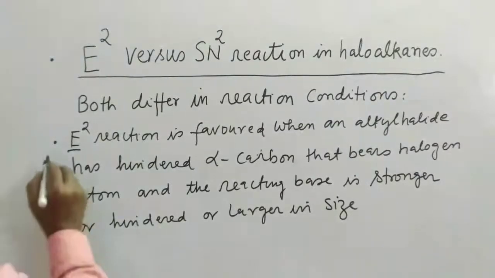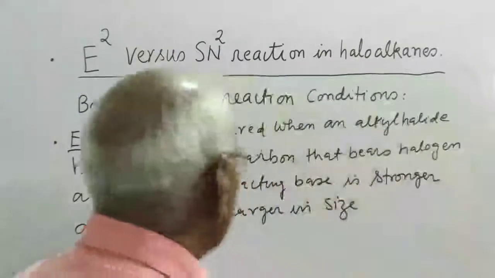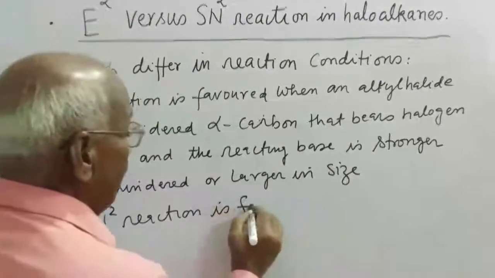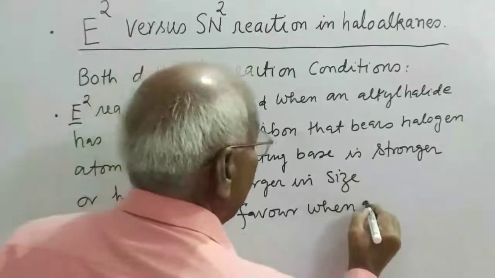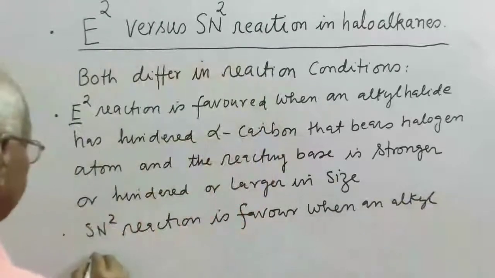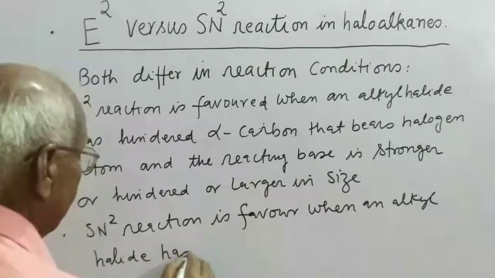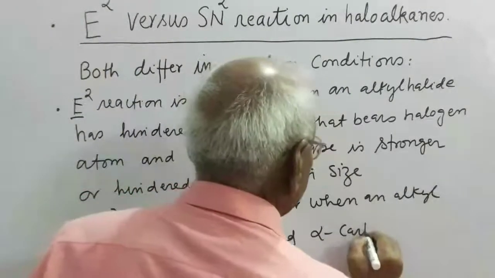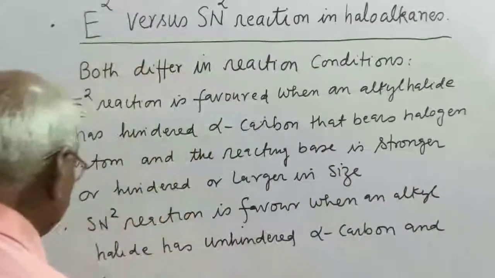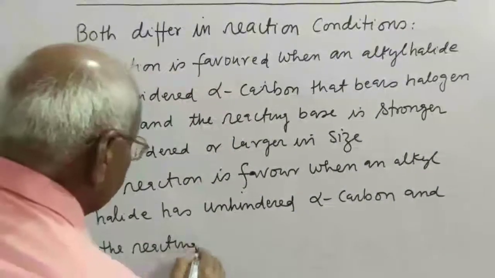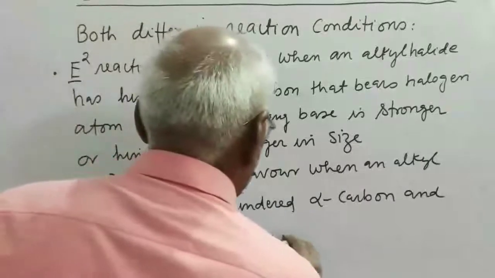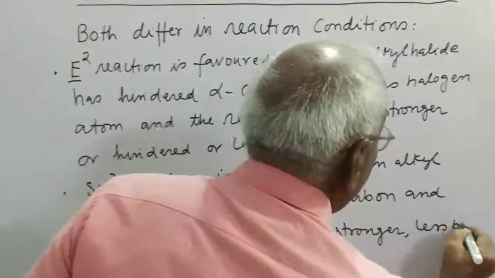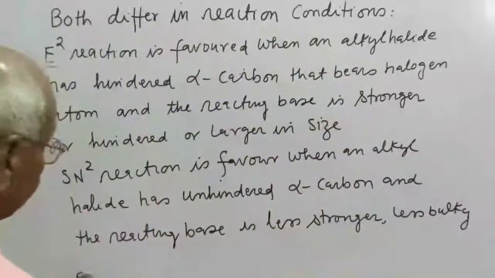On the other hand, SN2 reaction is favored when an alkyl halide has an unhindered alpha carbon and the reacting base is less strong, less bulky or unhindered.